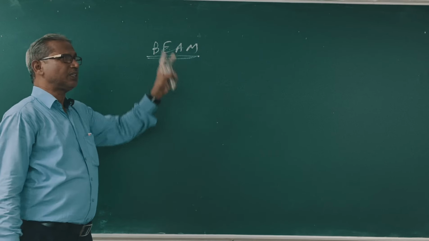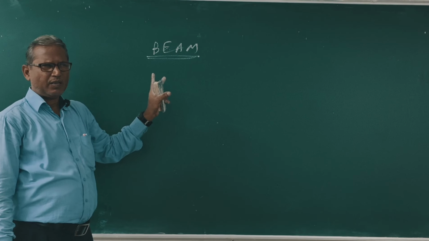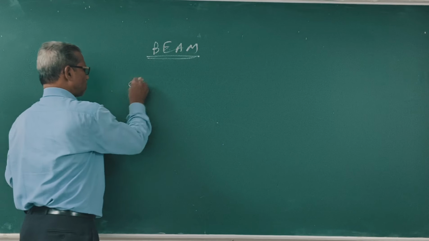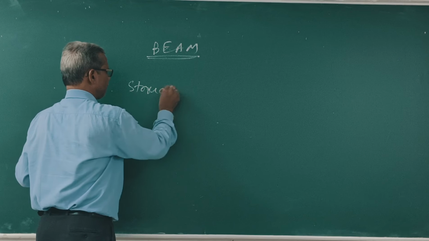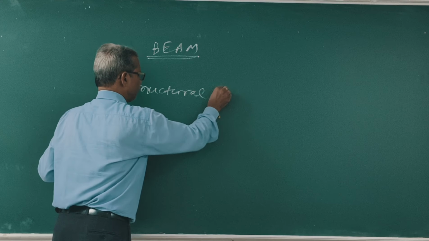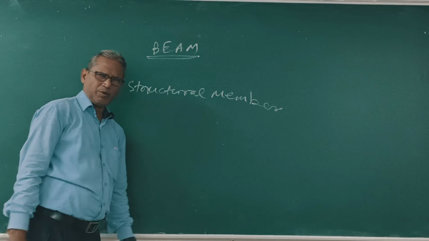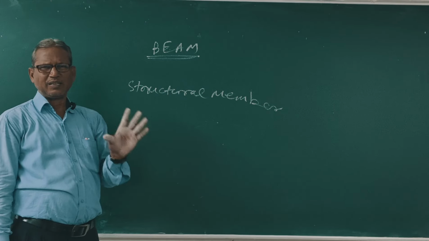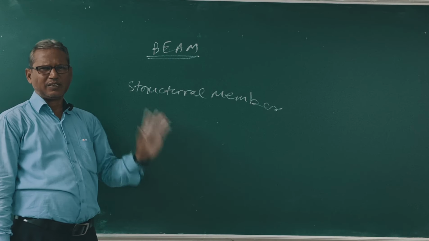Beam. This is a beam. What is a beam? A beam is a structural member which has length as well as breadth and thickness, but the length is more than the breadth and thickness.